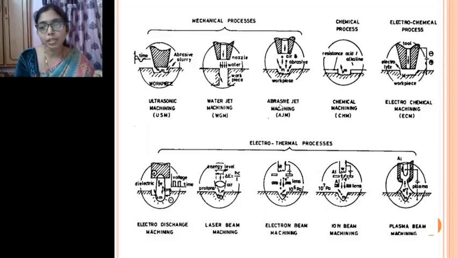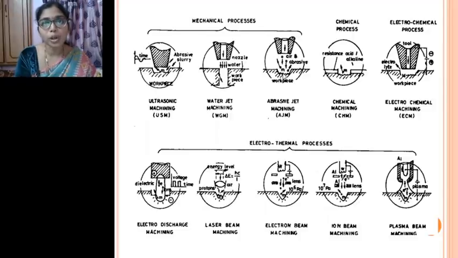In abrasive jet machining, we use the same thing. Instead of water, we use air mixed with abrasive particles. It uses a nozzle, pressurized air comes out, and these highly pressurized particles hit the surface. When they hit the surface at that particular point, stresses increase.